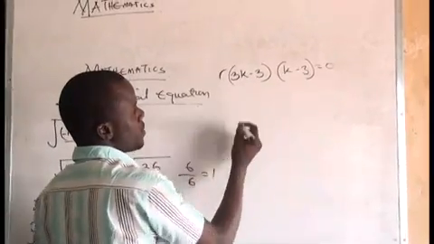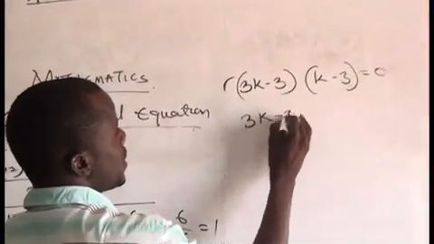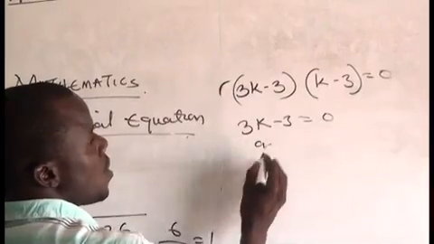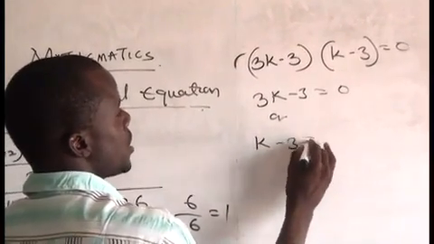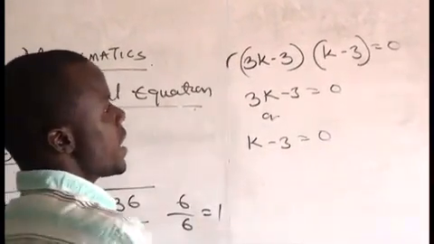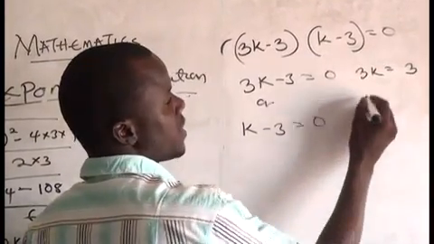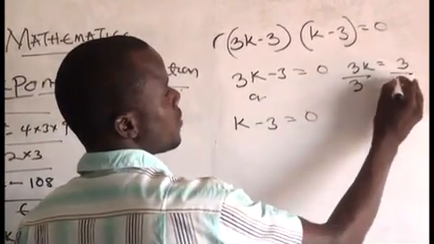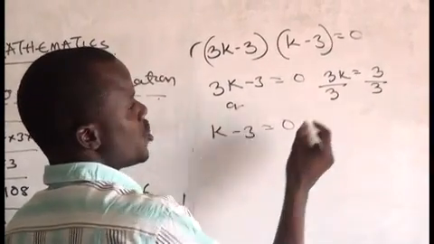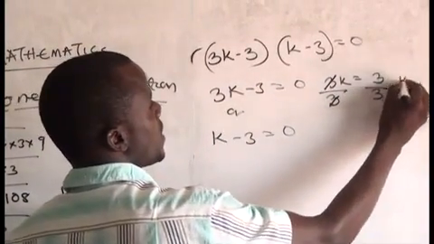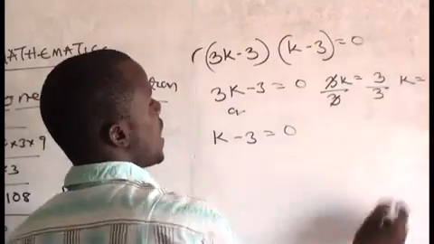So we open the bracket: 3k minus 3 equals to 0, or either k minus 3 equals to 0. So here we can get 3k equals to 3. Then divide both sides by the coefficient of k, which is 3. So our k from here equals to 1.